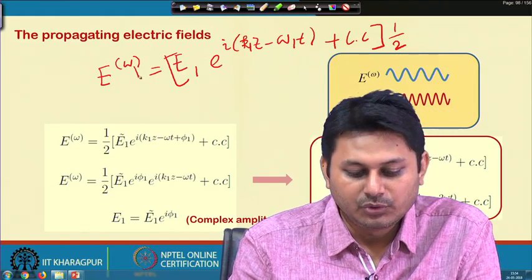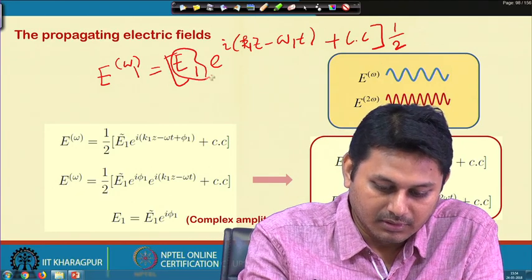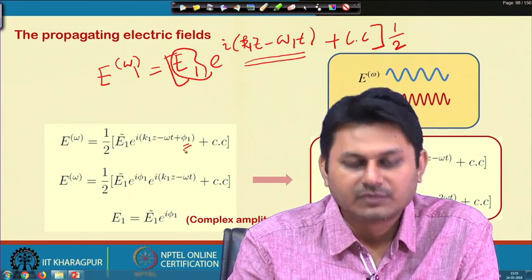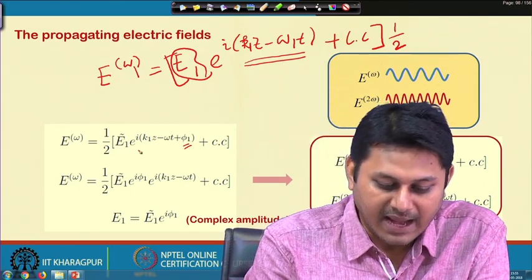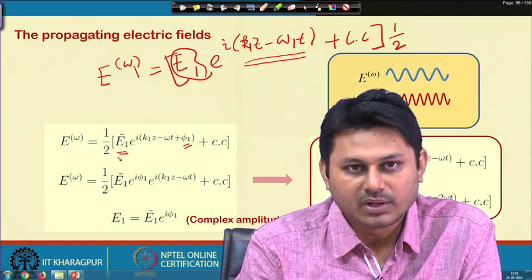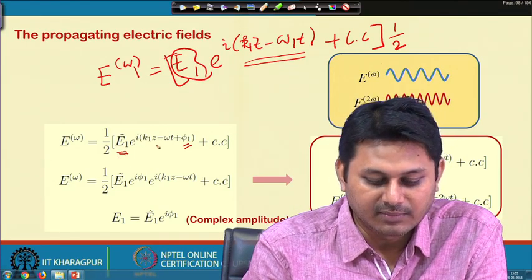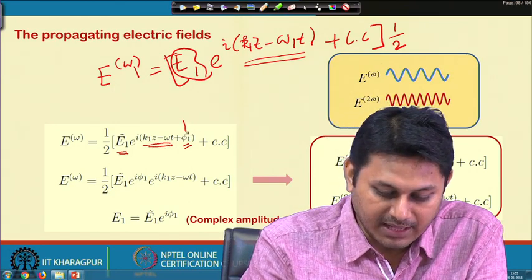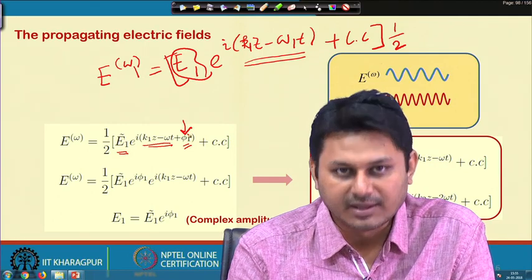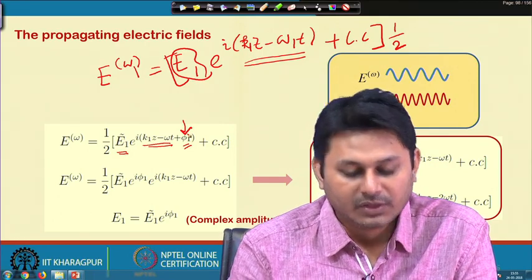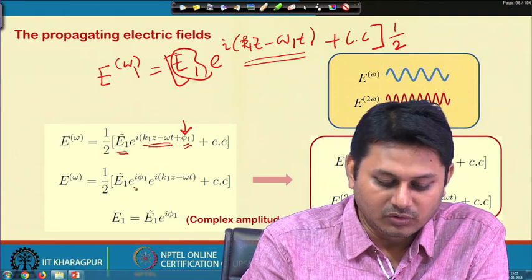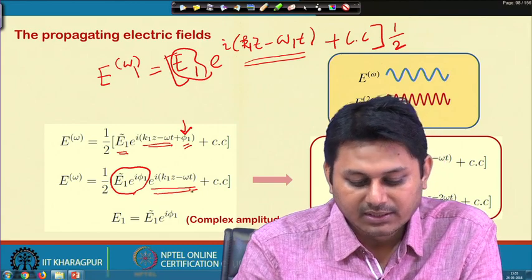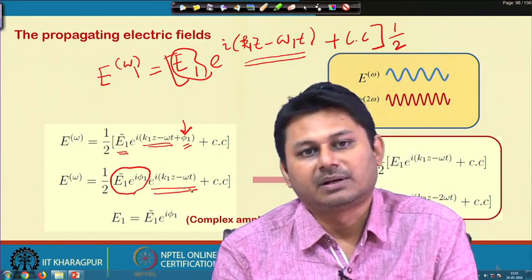But here one thing you should remember, that for this E1 some additional phase should also be there. So, here we write E1 tilde, which is a real quantity, and then e to the power i (k z minus omega t), that is the component related to the plane wave, and on top of that we have some additional phase which is phi 1. So, this phi 1 can be represented as e to the power i phi 1 multiplied by E1 tilde, and we write only the k1 z minus omega t separately.